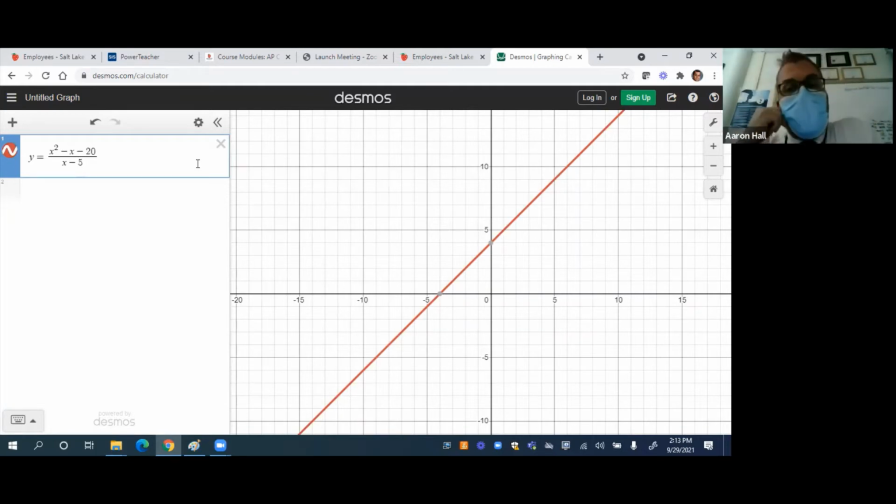Where is the discontinuity? At 5, yeah. If this x here is 5, I get 0 in the denominator, which is considered undefined.